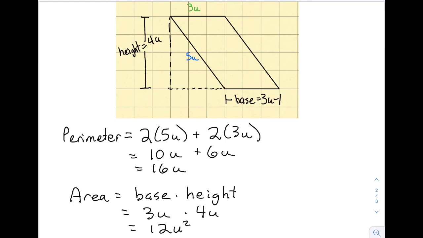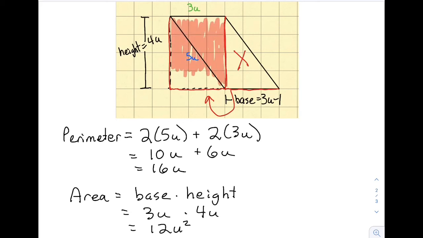Let's confirm this. Notice that the triangle that I drew there actually corresponds. If I were to cut off this triangle and relocate it over here, there's 3 units on the side. So here's our 3 units on the side, and it has 4 vertical units.